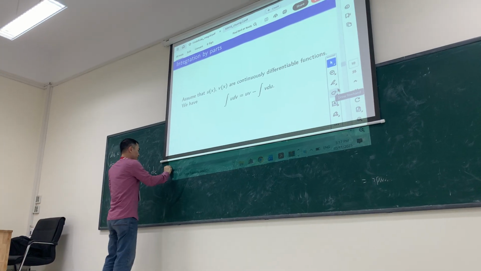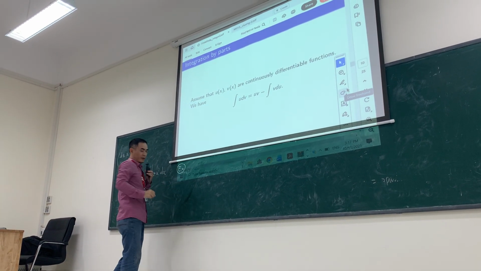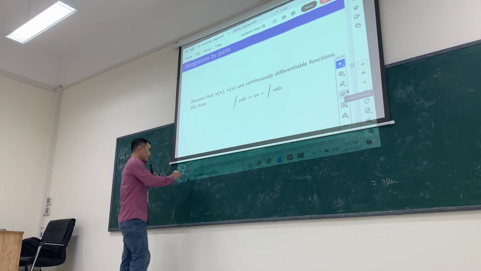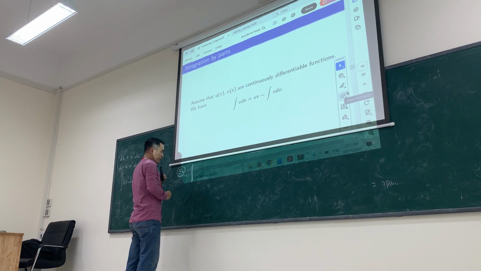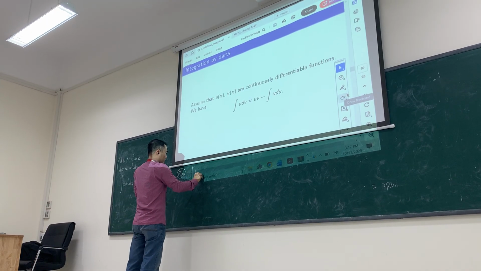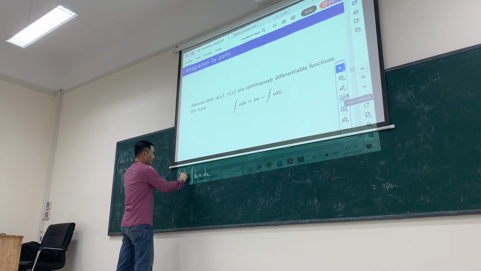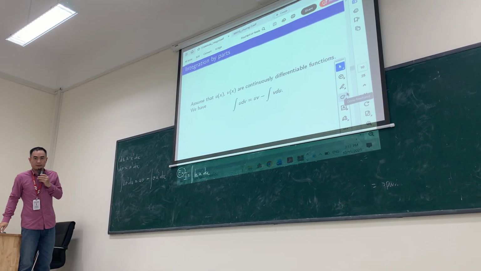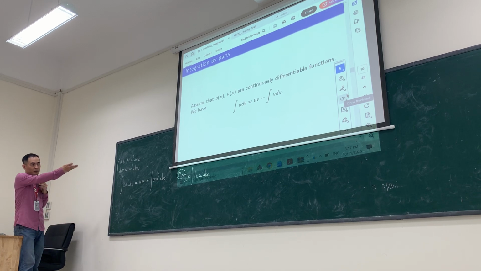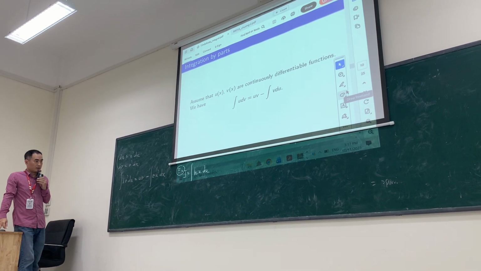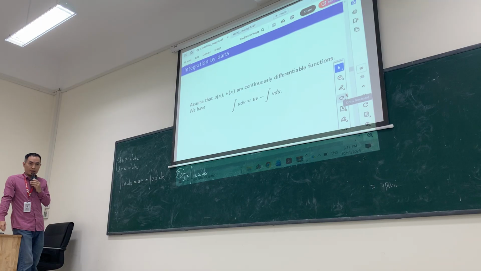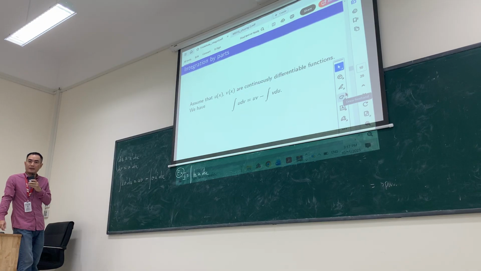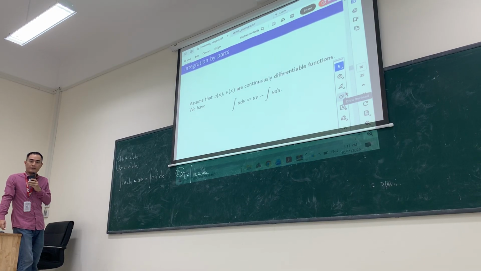Now, let me give you an example. We need to estimate the integral of natural logarithm dx. We denote the integral here by I. In this example, we use integration by parts to evaluate the integral.